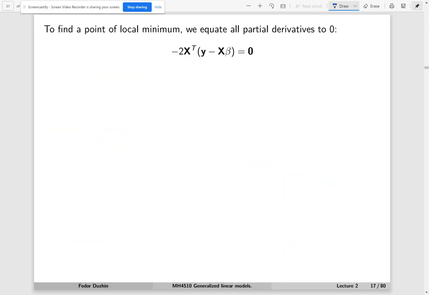Okay, now to find the point of local minimum, we equate all partial derivatives to 0, right? These are our partial derivatives, and we need to equate them all to 0. Remember that this is actually a p plus 1 by 1 matrix.